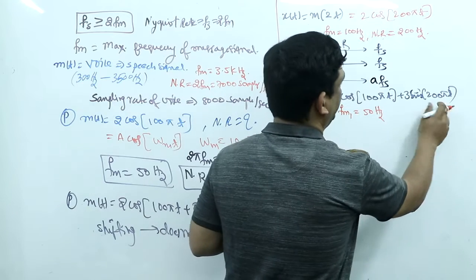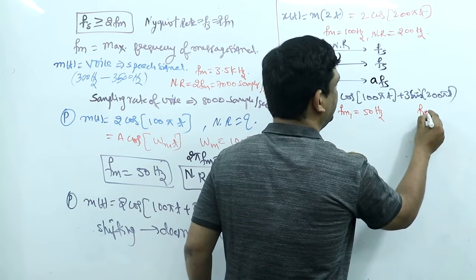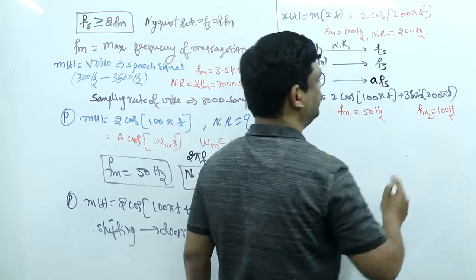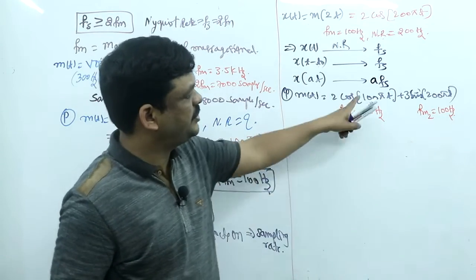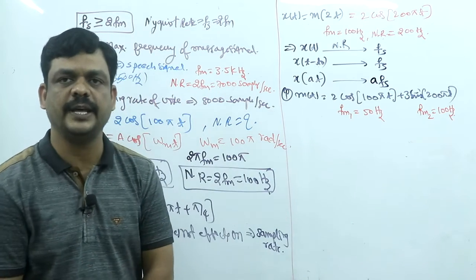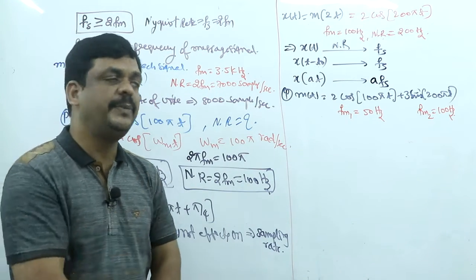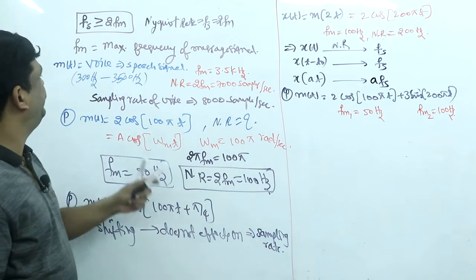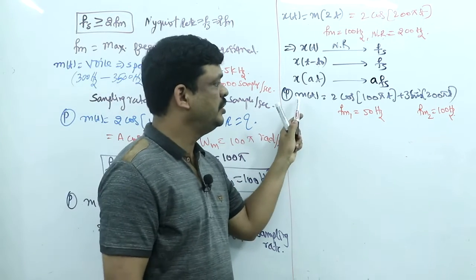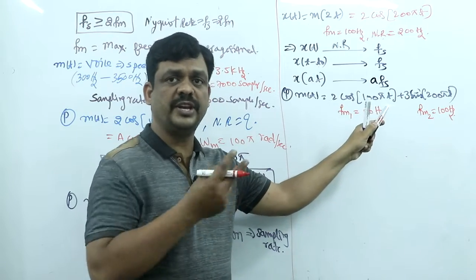And here sine 200 pi t is there. So what is the maximum frequency of the second signal? 100 hertz. So the maximum frequency of the first signal is 50 hertz and the second signal is 100 hertz. 2 different frequencies are there. And according to the sampling theorem, here we want FM. FM is the maximum frequency of the message signal. Now the message signal consists of 2 frequencies.